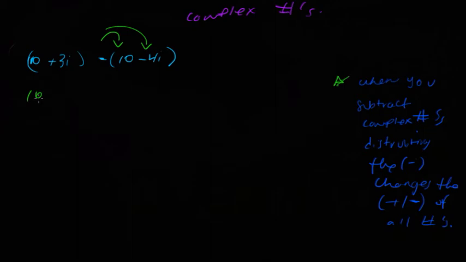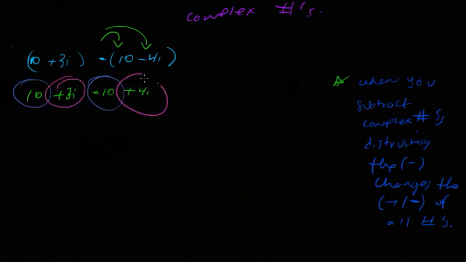Okay. This becomes 10 plus 3i minus 10. This negative times a negative gives me a positive, so it's plus 4i because this changes to the opposite, right? So it'll be plus 4i.